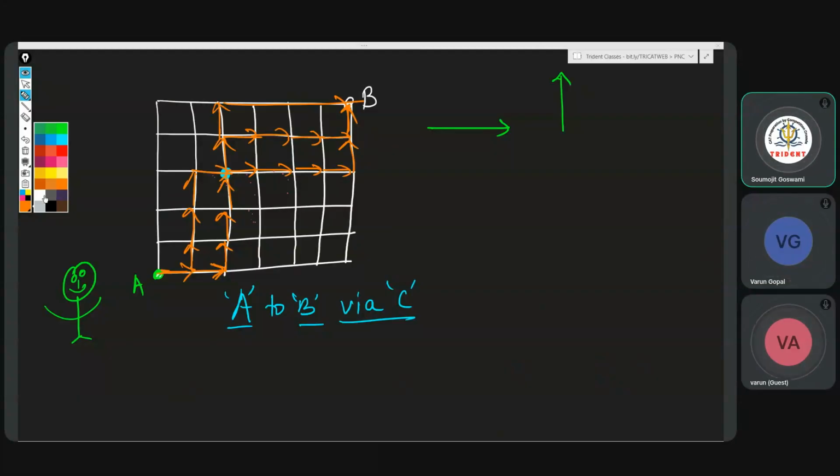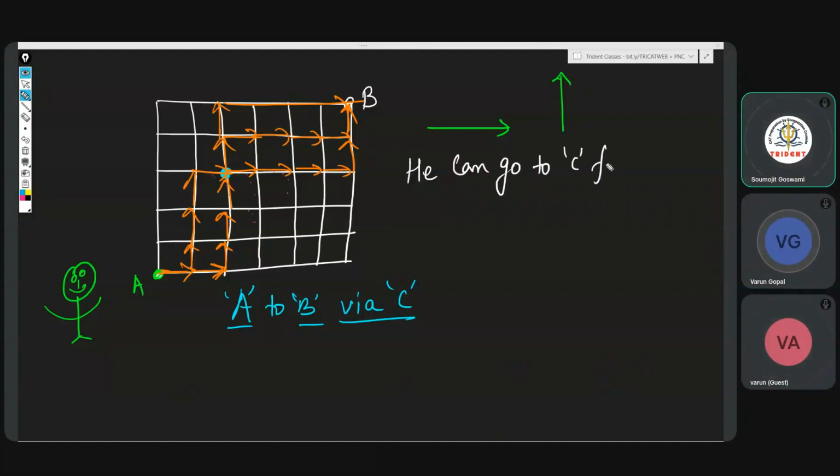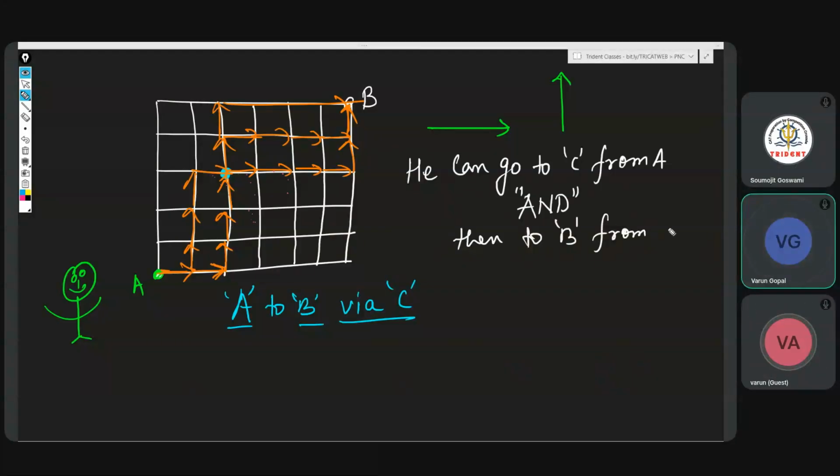I will give you the key to this question. The key is that he needs to go from A to B via C. So he can go to C from A, and then to B from C. Now please pay attention.